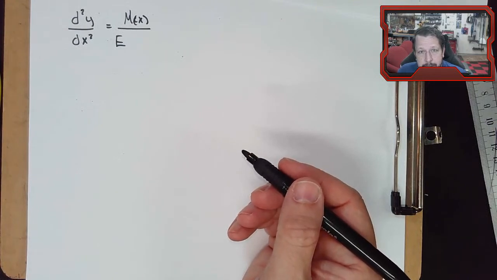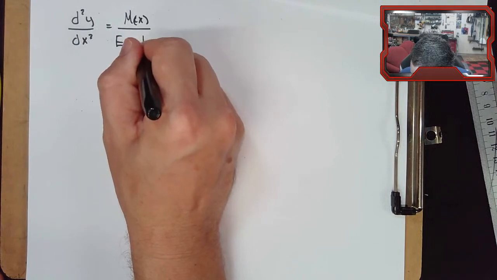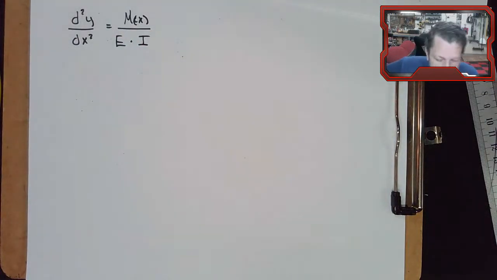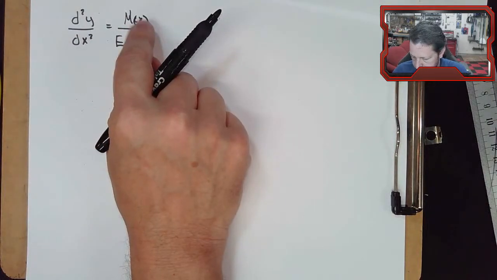That should be a constant. The beam is the same material from one end to the other, times I, which also shouldn't change. That's the moment of inertia. So the moment of inertia of the beam shouldn't change because the beam's cross-section probably does not change from one end to the other. Let's put in our M of x equation.